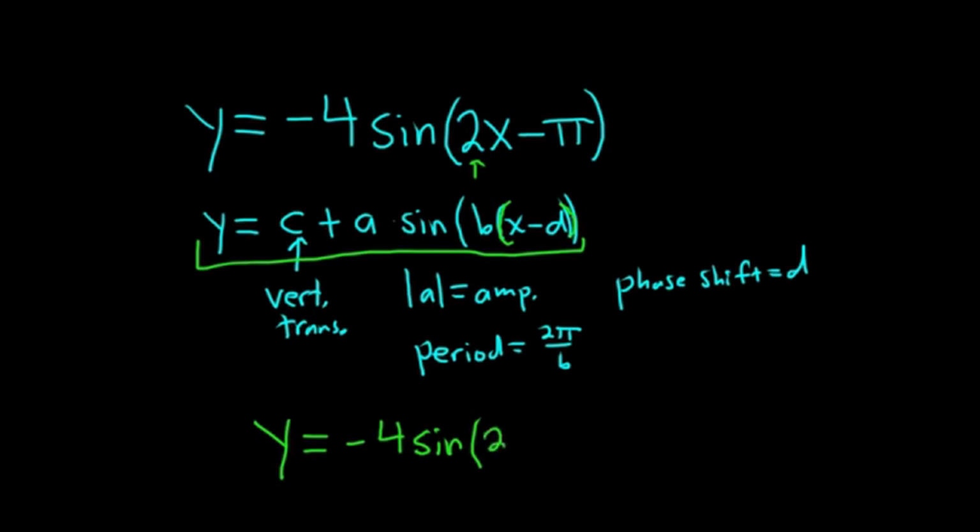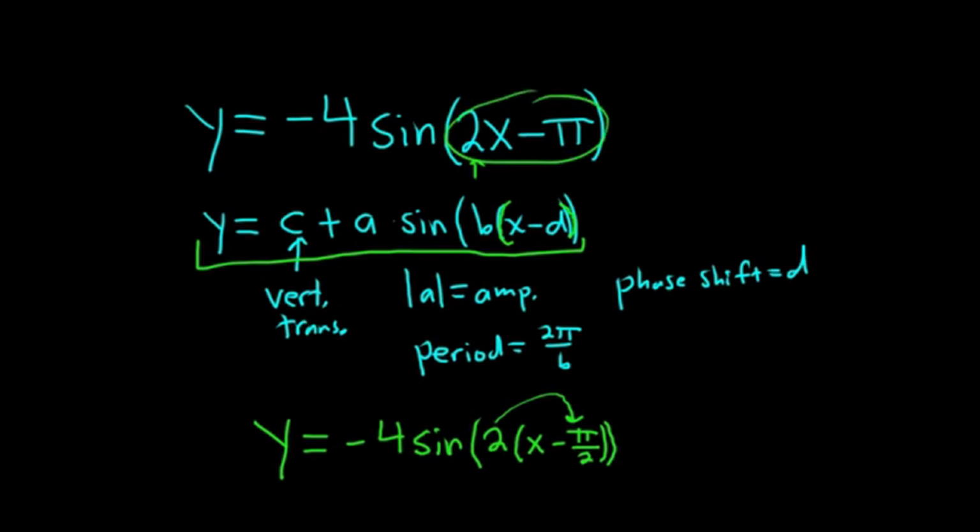So I'll pull out the 2. Then we have parentheses x. And then we're going to have something here. Looks like pi over 2. And that should work because if you multiply 2 times pi over 2, the 2's cancel, right? And so you just get 2x minus pi, which is what we have up here. All right, so now from this, we can write all of the answers down.